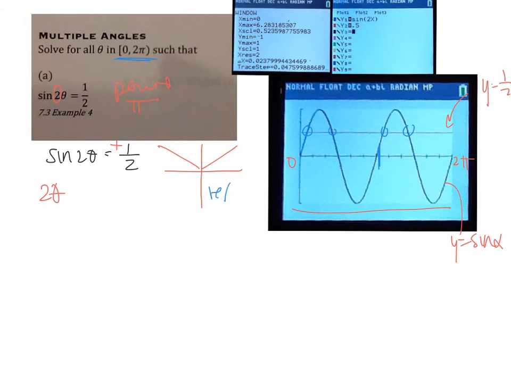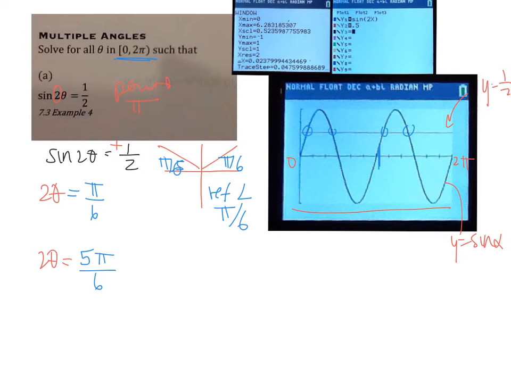Our reference angle is going to be pi over 6 because that's where sine has a value of 1/2. And so we can see that 2 theta will have a value of pi over 6, and 2 theta will also have a value of 5 pi over 6, because that's the second quadrant angle where sine is 1/2.